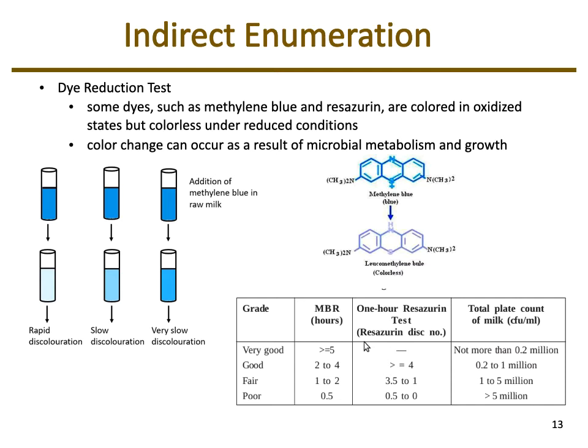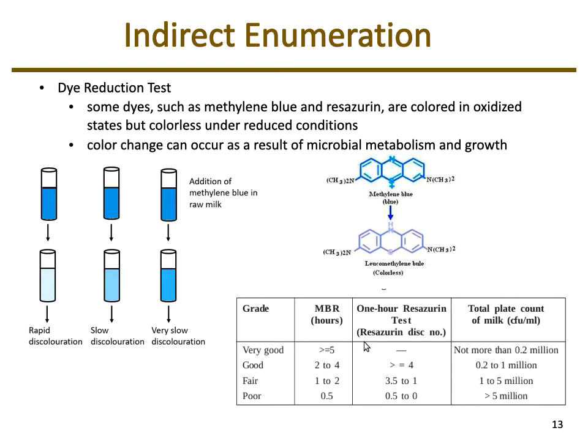There's actually a scaling, depending upon how long it takes to change color, so you'll see in that table MBR, which is the methylene blue reduction test. If it ends up changing color within half an hour, that would tell you that the milk is poor quality. What they've done is link this back to a total plate count, so that if you did a total plate count, your calculations would work out to be over 5 million CFUs, colony forming units per ml.